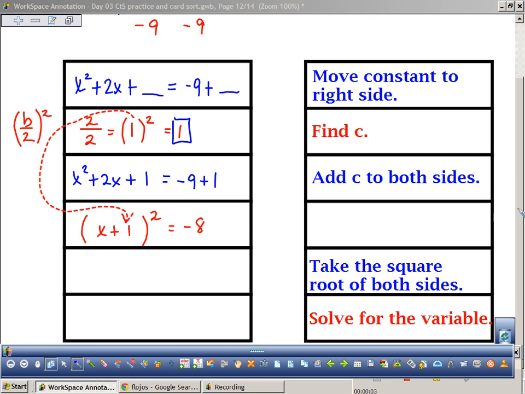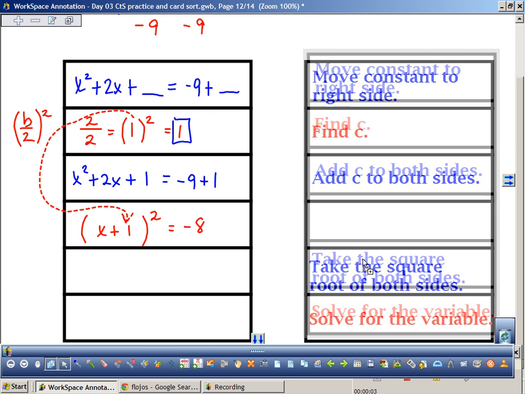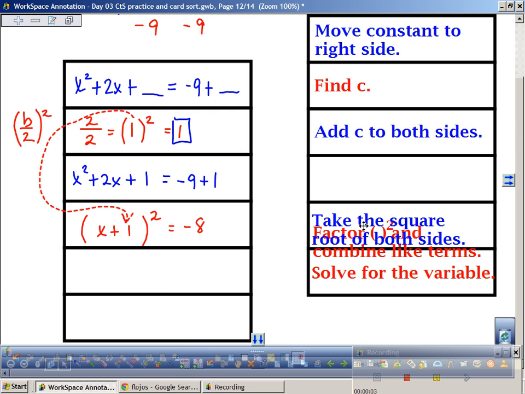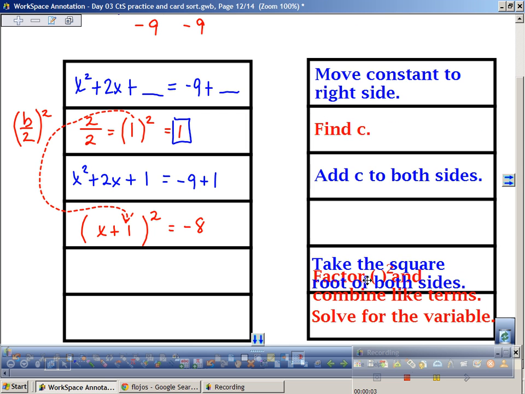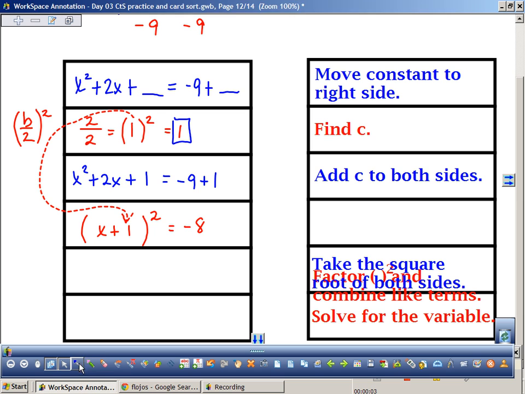Next step. Uh-oh, look at my steps got messed up. Okay, so how do I take the square root of both sides? Simply put a square root over it.